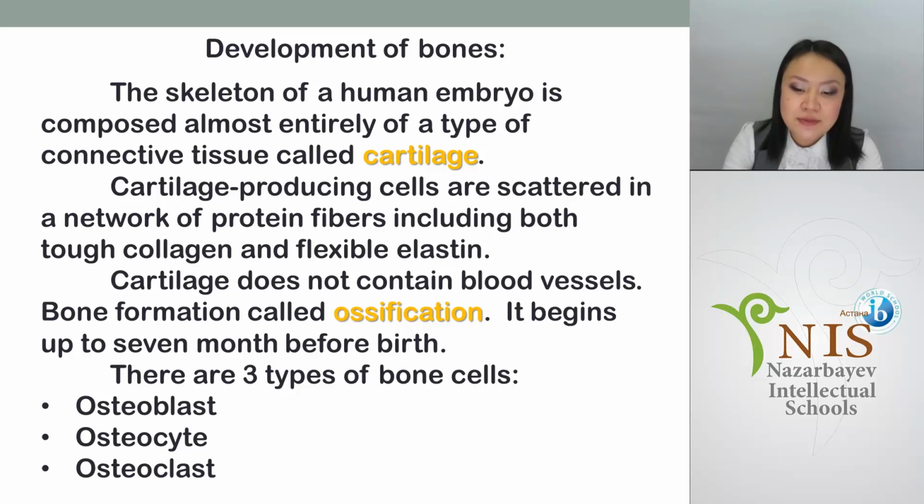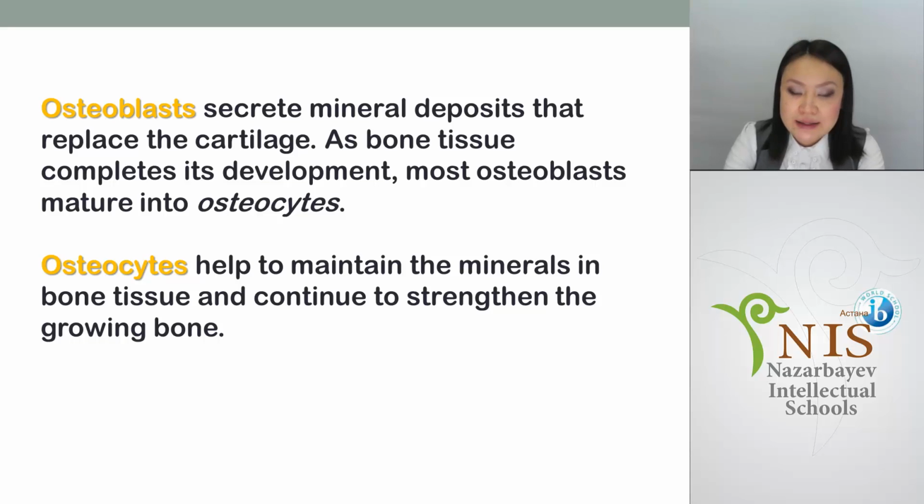There are 3 types of bone cells: osteoblast, osteocyte, and osteoclast. Osteoblasts secrete mineral deposits that replace the cartilage.